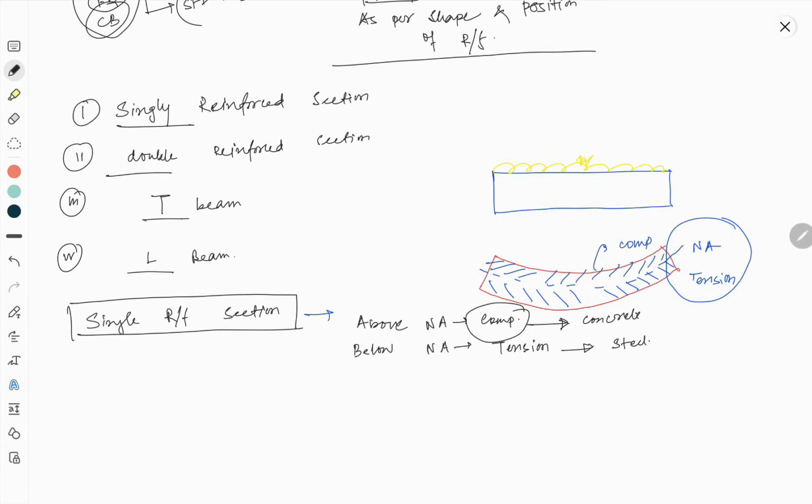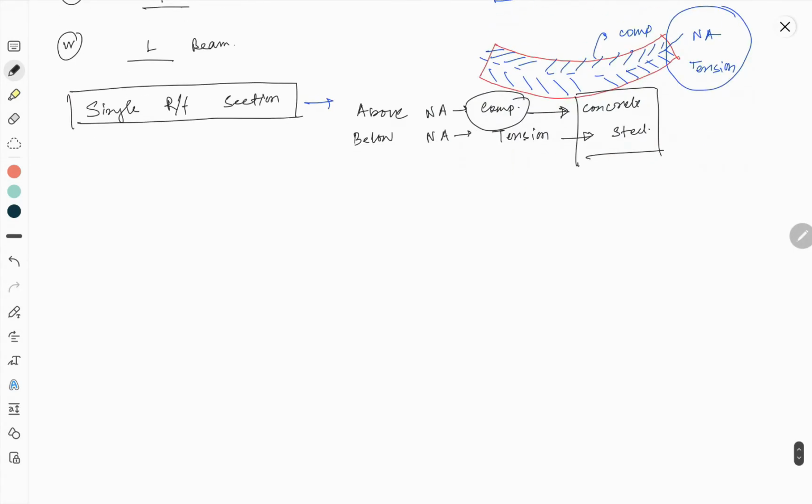So according to these assumptions, we will draw a section. This whole hatched portion is filled with concrete, and these small diameter circles are your steel.